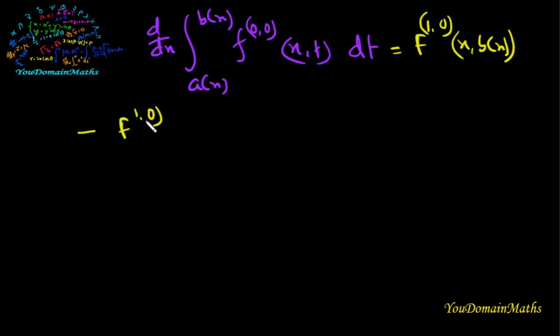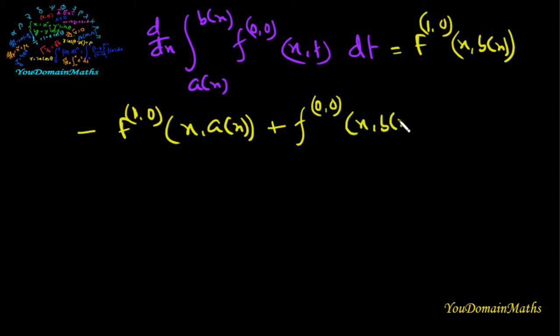Then f of (1,0) and x comma a of x, so this represents the partial derivative with respect to x, and this also represents the same, so we can write f of 0,0, x comma b of x and the derivative with respect to x.